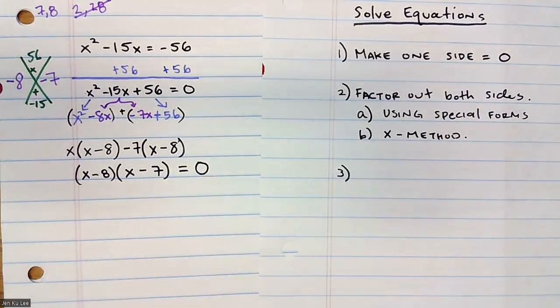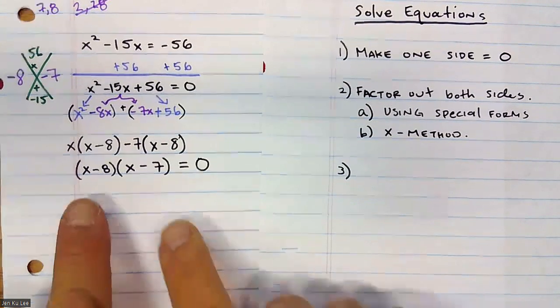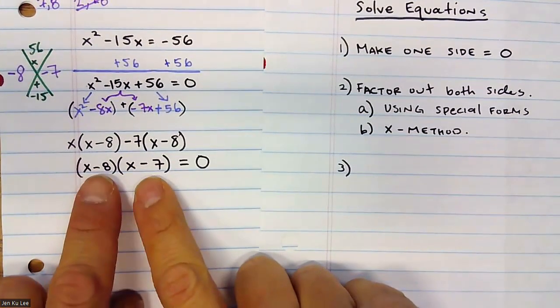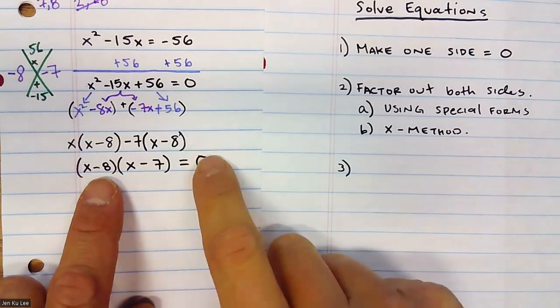Now let's talk about my third step. Before I write out the steps, let's talk about it. x minus 8 times x minus 7 equals 0. Okay? So that means that two numbers, when you multiply them, equal 0.